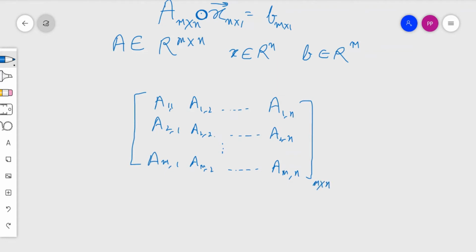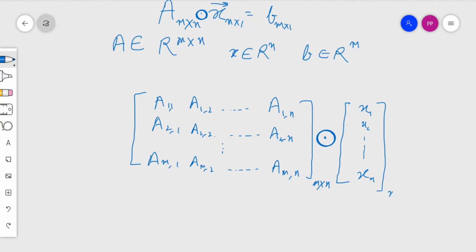This is having the dot product with the vector X. Then X can be written as, because there are n columns in A, the vector X will have number of rows equal to n. So this should be x1, x2 up to xn.